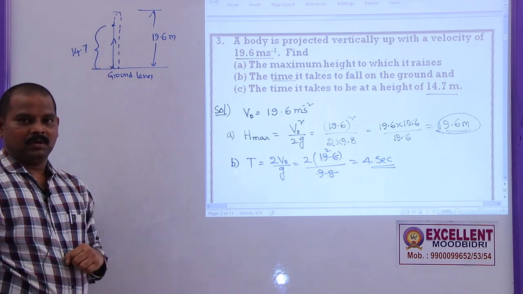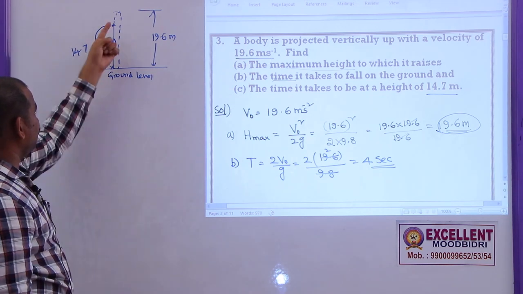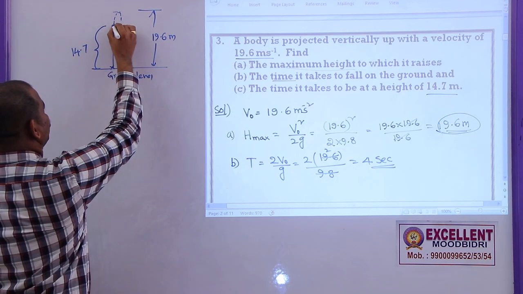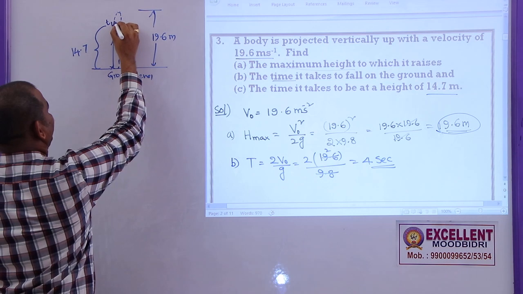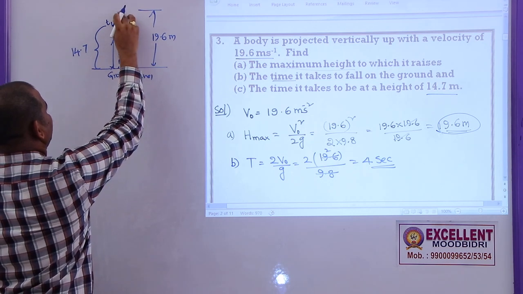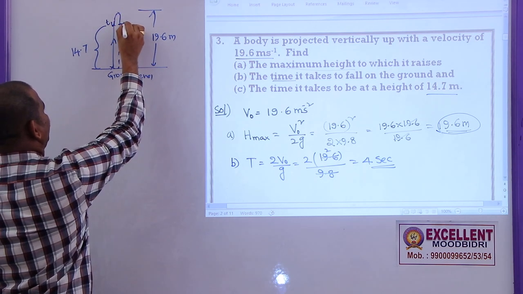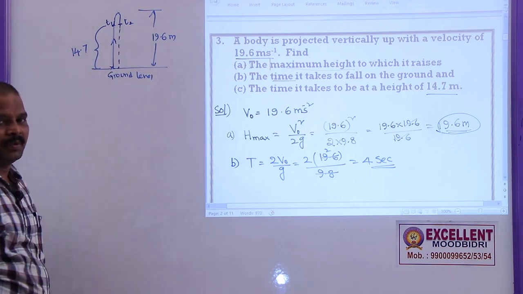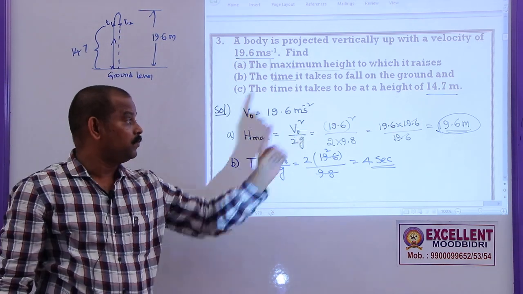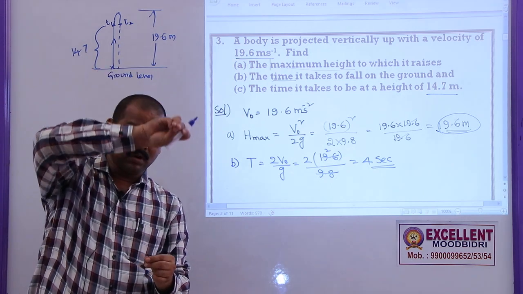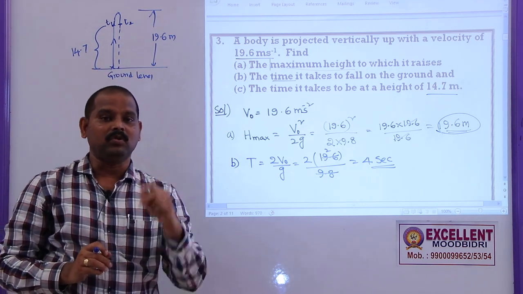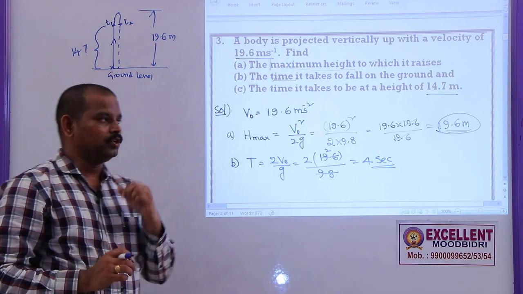If you see this diagram, while going up, this body is at 14.7 at a time t1, and while coming back, the same body will reach that same point at a time t2. That means, this body will reach that 14.7 meters at 2 different times: one while going up, the second while coming down. That means, we need to find both t1 as well as t2.